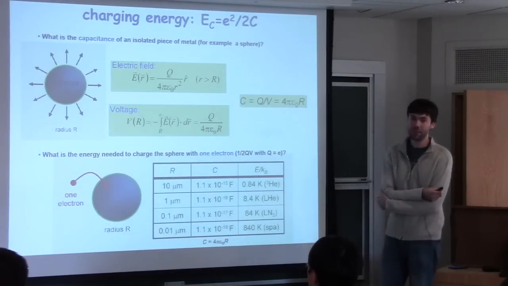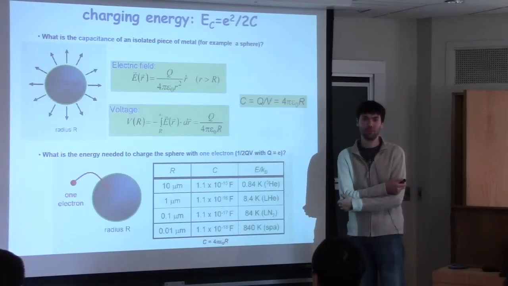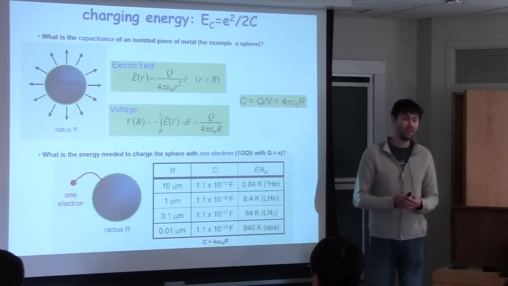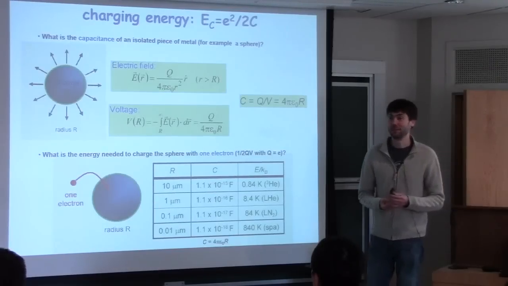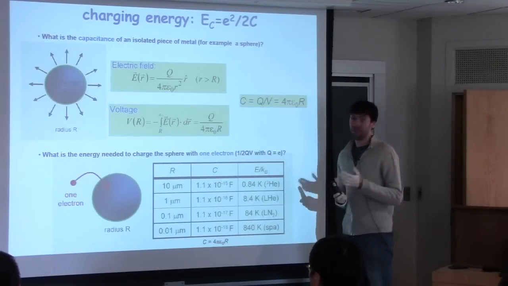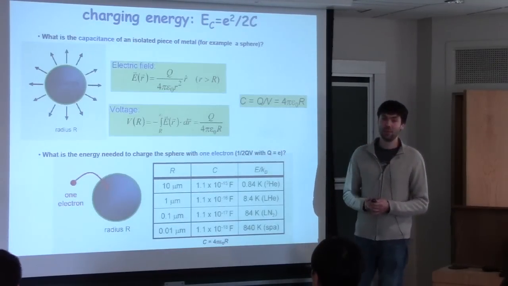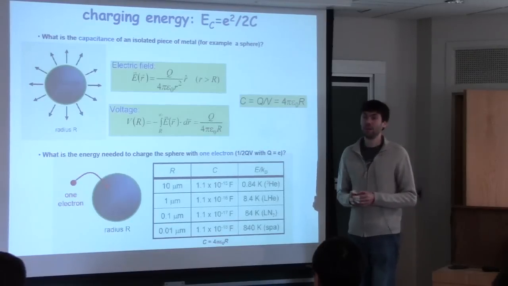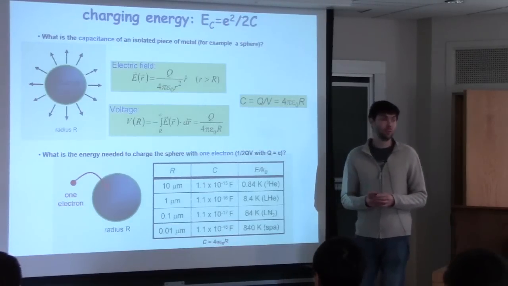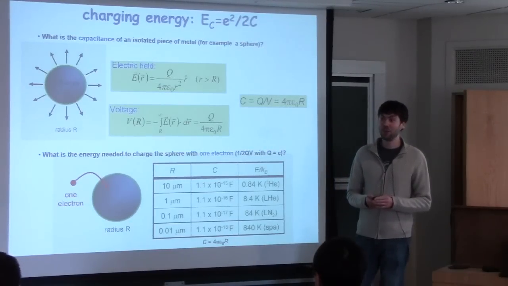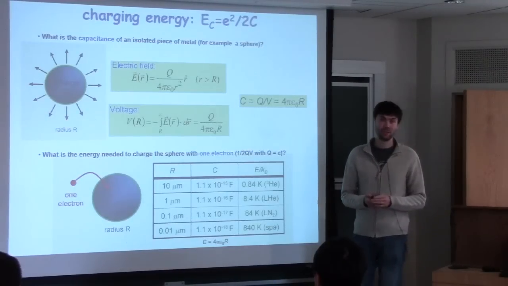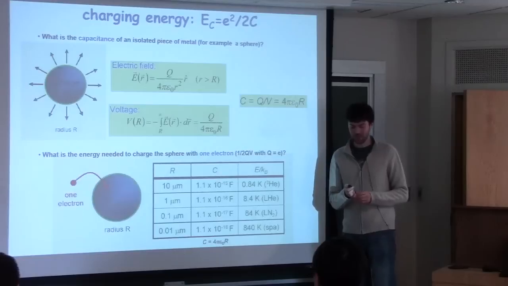So charging energy is an energy associated with adding a single electron to an isolated island. This is a prototypical example for many experiments in the field of quantum transport, in particular quantum dots, zero-dimensional quantum systems where particles are confined in all three dimensions.